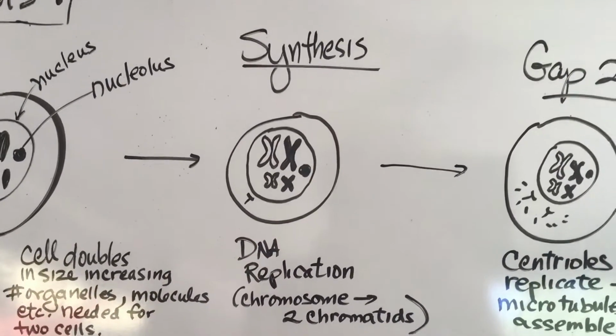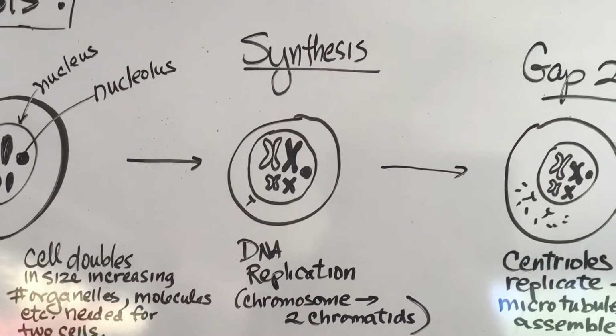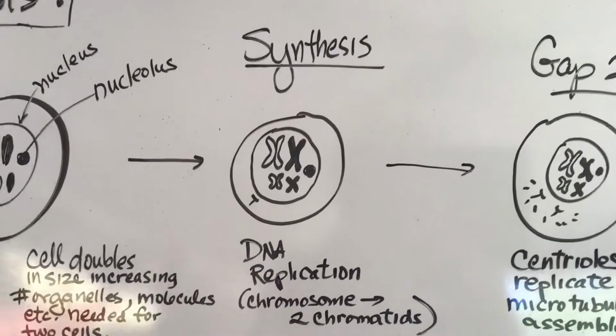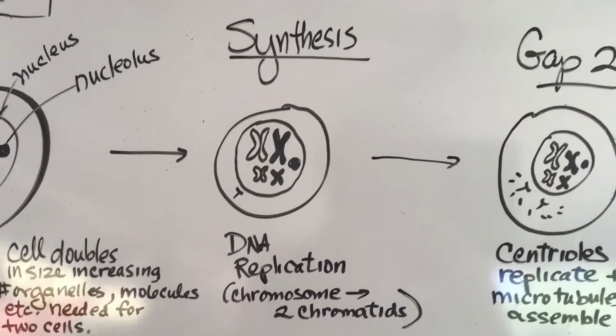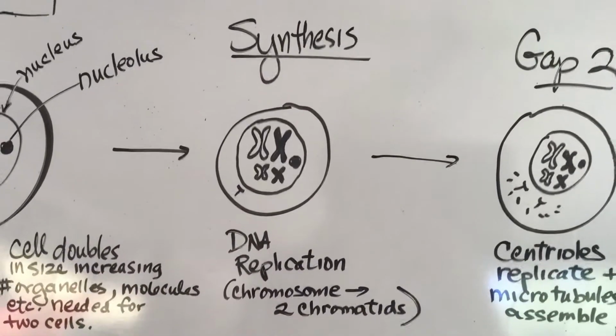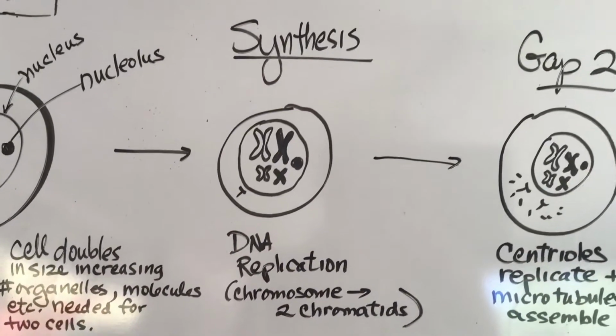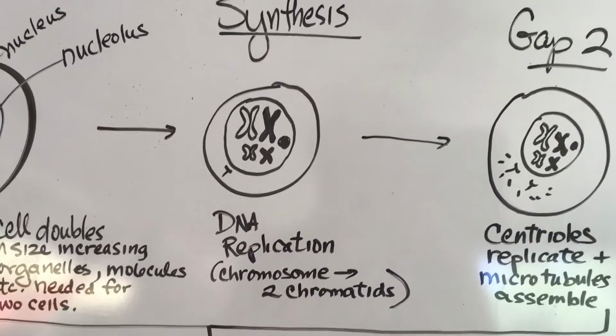So right here we have 4 chromosomes, each with a sister chromatid attached to it. They're attached at a central location called the centromere, and there are then 8 chromatids in this cell, but there's only 4 chromosomes. That's just kind of the terminology that they use.